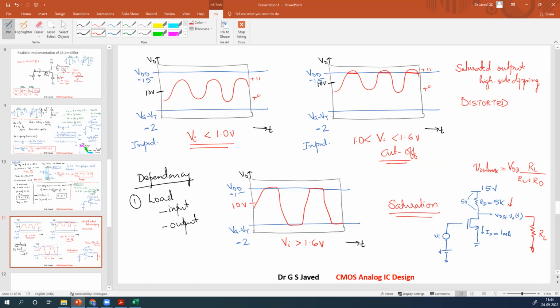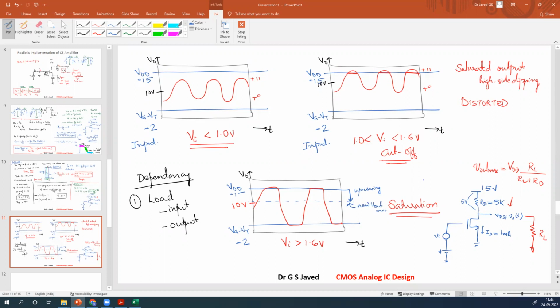So your output going upwards is limited, meaning this VDD blue line on top has now come down. What is it? This blue line has moved down. So this is upswing reduction. Nothing has happened to the lower swing. So this will be your new Vout max.